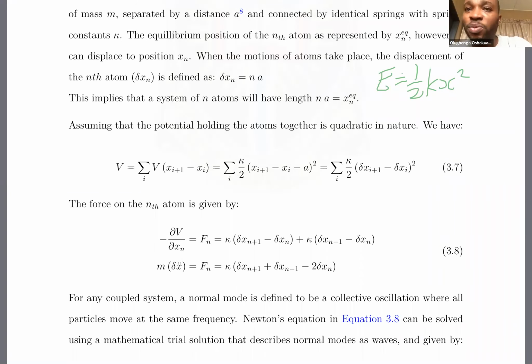But in this case, let me write it this way: half k x square. This is usually the formula we use in secondary school when they say energy stored in the spring. But for this class, we'll be using kappa, not just k, because k is a wave vector.